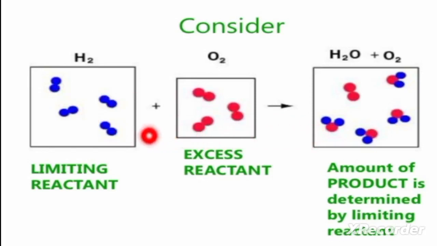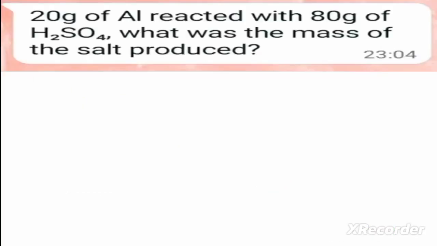As we can see, atoms of hydrogen are finishing first before atoms of oxygen. Hence, hydrogen here is a limiting reactant, and oxygen is an excess reactant.